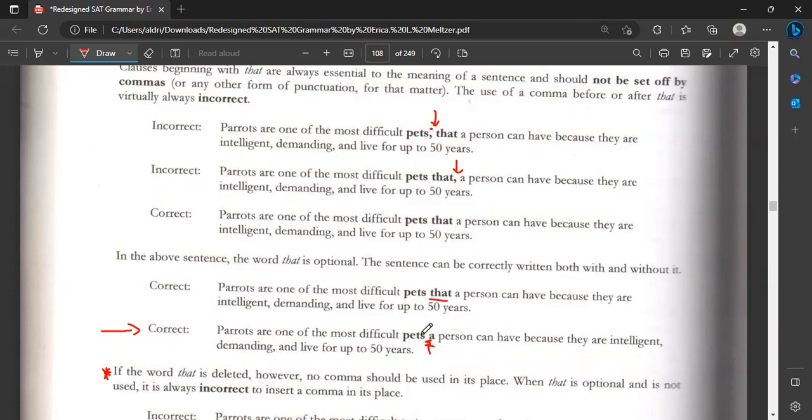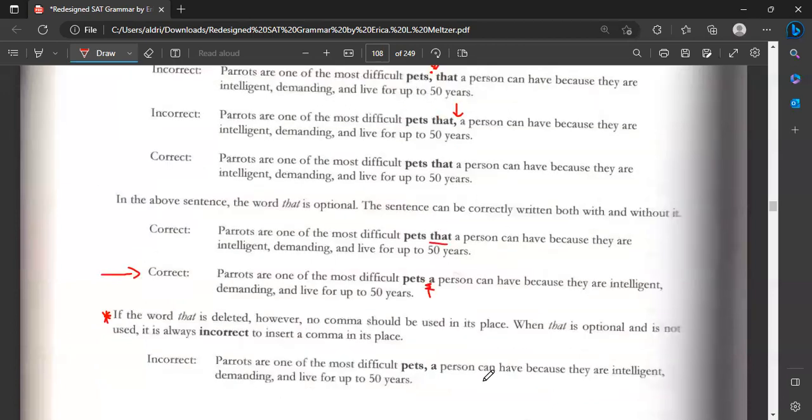So in a situation where the word that is optional, as long as you can take the word that out of the sentence, do not remove it and then put a comma. Either use it without a comma, or take it off, but do not use a comma. Like in this example here, parrots are one of the most difficult pets a person can have, because they're intelligent.